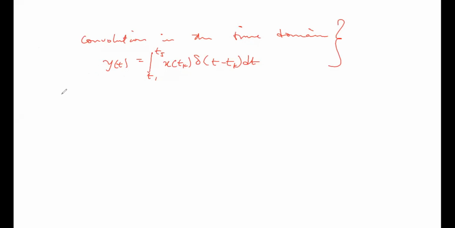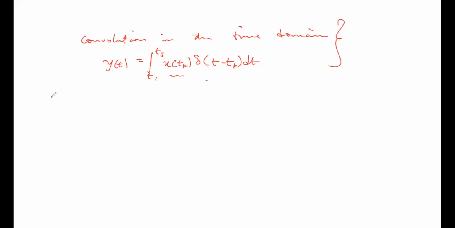So in general, the continuous time signal is the sum of the scaled and time shifted impulse responses or impulses.